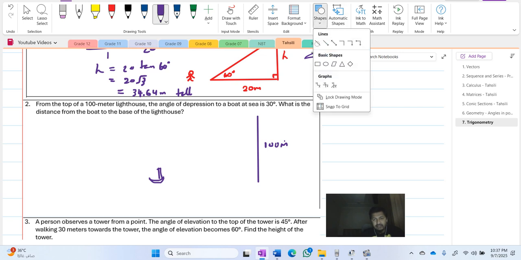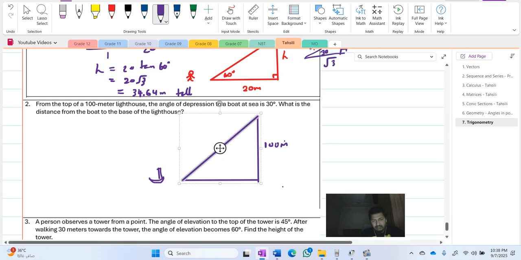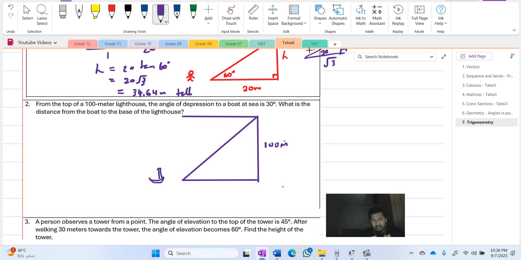So remember, 30 degrees is an angle outside the triangle. I'll show you where the angle of depression is. The angle of depression will be here. The person is here on the top of the lighthouse. The angle of depression is here, which is 30 degrees. He observes a boat.